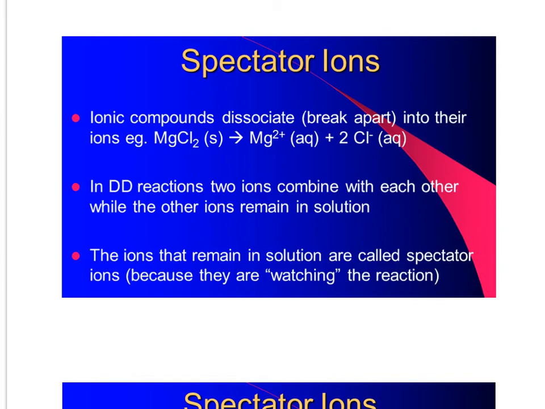They're not actively part of the final product, because if you think about it, we had Na+ ions on the reactant side, and we still had Na+ ions on the product side, and so there was no change that occurred to those Na+ ions, hence the name spectator ions. They're just there kind of watching on the side. And I'm going to maybe clarify that or show more evidence of that down below.